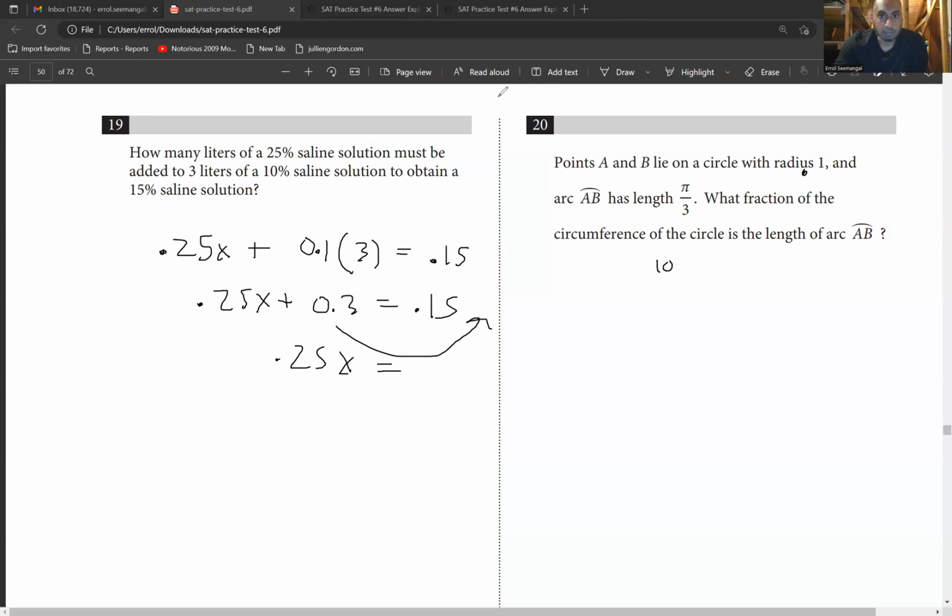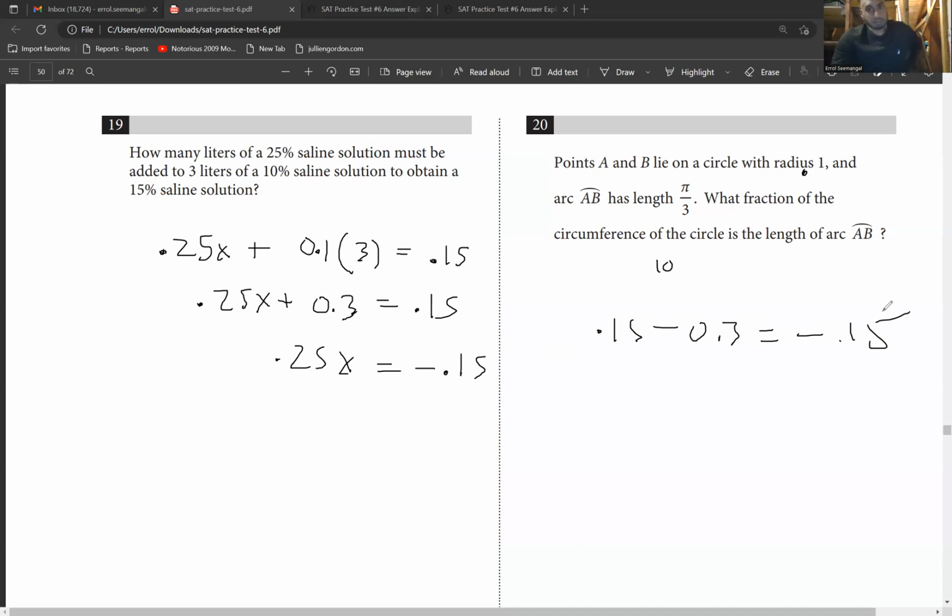No, what is that? This is a 0.3, so negative point... negative 0.15. Yeah. 0.15 minus 0.3 is what? Negative 0.15. Then we divide both sides, but we get a negative answer though.